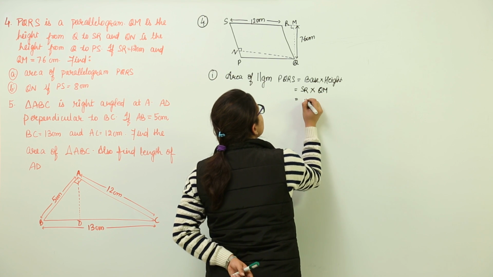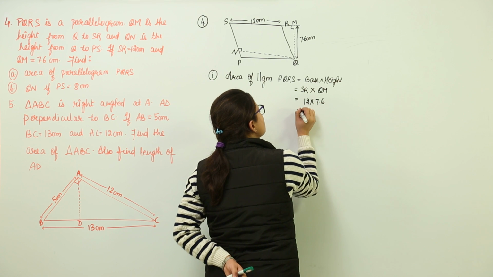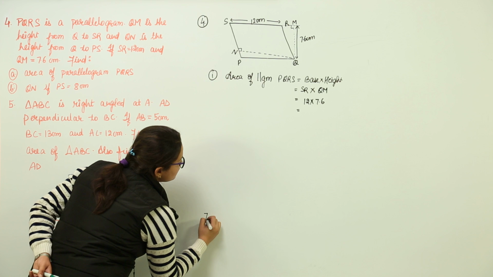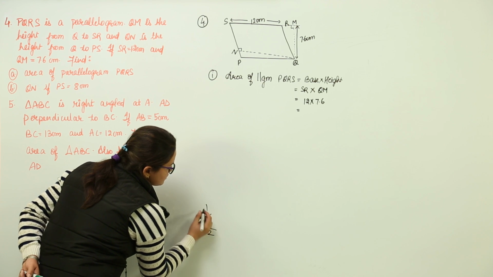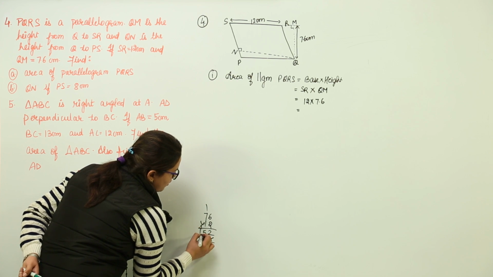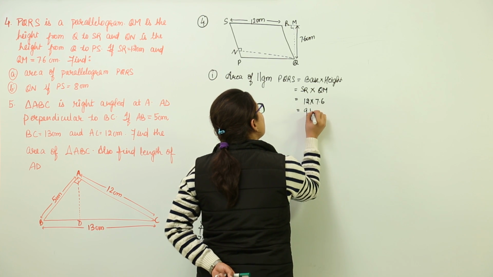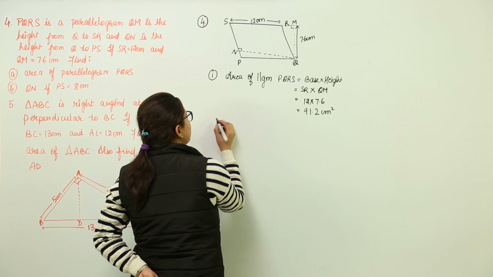Therefore, we are going to get the area as 12 into 7.6. That's going to give us some value, and we'll do it over here. 76 into 12, 2 6s are 12, 1, 2 7s are 14 and 15, 6 and 7, 2, 11, 1, 7, 8, 9. We got 91.2 centimeters square as the area for this parallelogram.